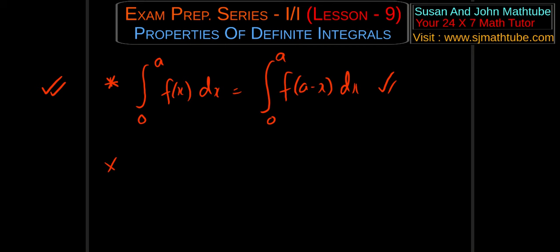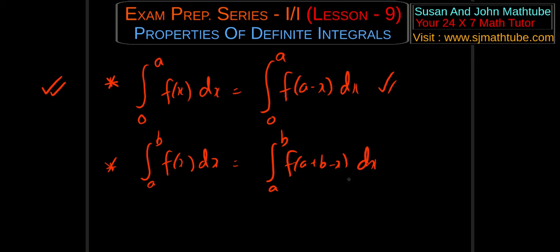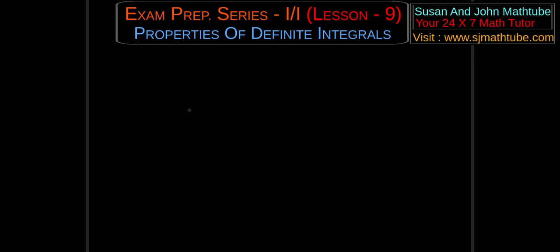Anyway, in the last video we discussed 2 more properties, so I want you to note these things. So this is a to b f of a plus b minus x dx, and then we learned a very interesting property for the special case minus a to a and for even and odd functions.